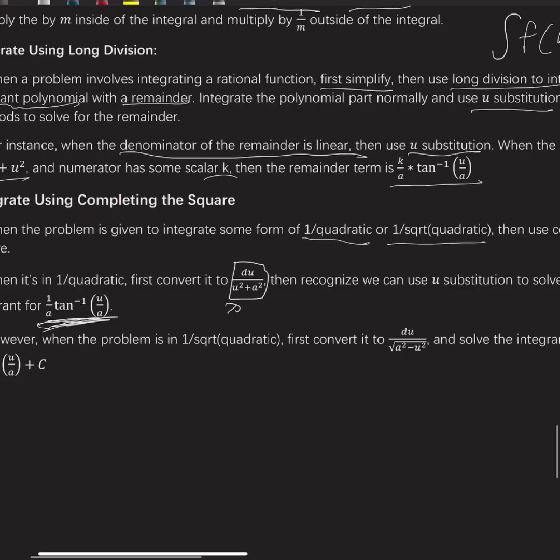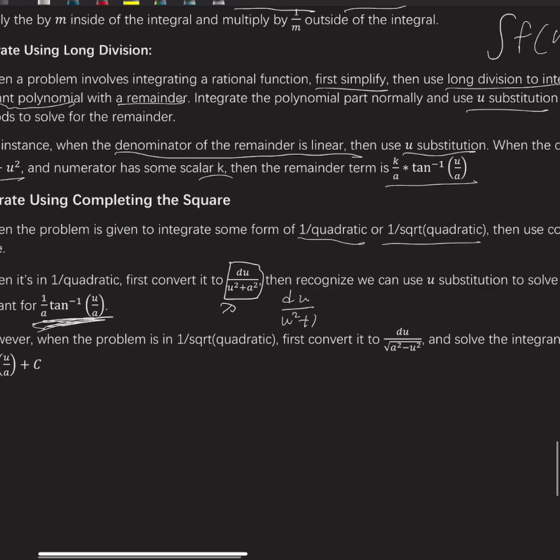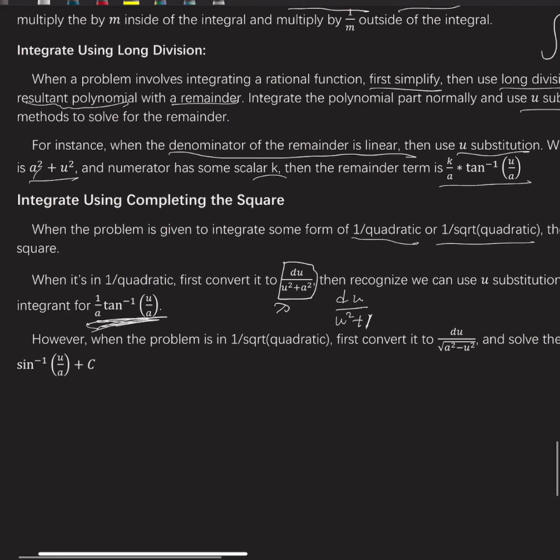For this one, if you want to do substitution, you can do du over u squared plus 1. You somehow convert this to this form and use u substitution, or you can just directly write it in this form here.